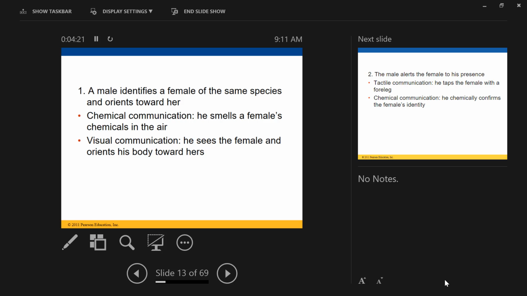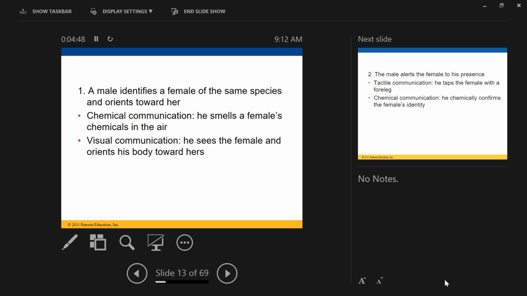And then here is some of the communication, chemical communication. The female is releasing some kind of chemicals, pheromones, and the male notices that the female is present. Visual communication, right? The male sees her and then orients his body. Look at this, the female didn't do anything except show up.